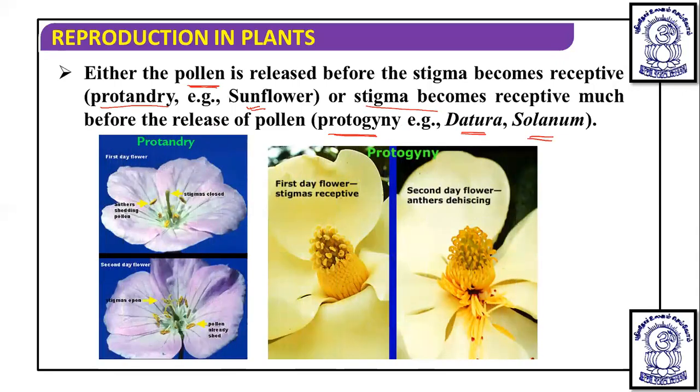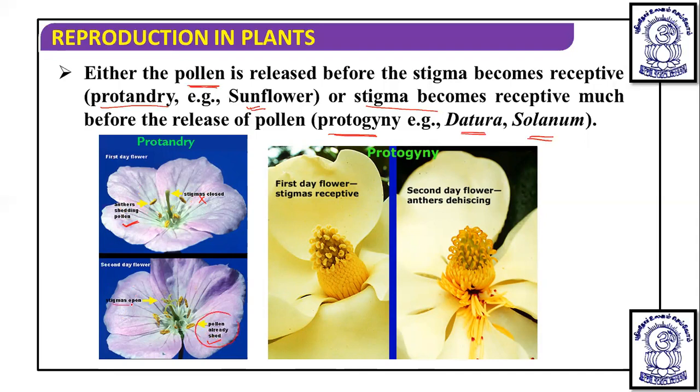You can see the pictorial diagrams shown here. Here protandry is shown. On the first day of the flower, the anther is shedding pollen, the stigma is closed, meaning the stigma is not receptive, but the pollen grains are released. On the second day, the stigma opens, but the pollen is already shed.